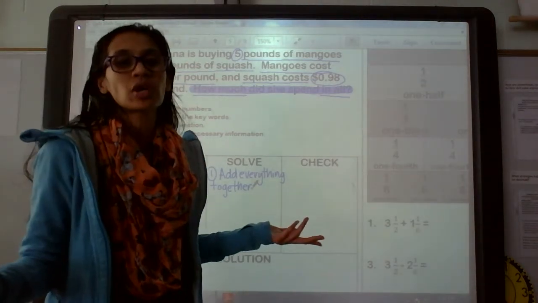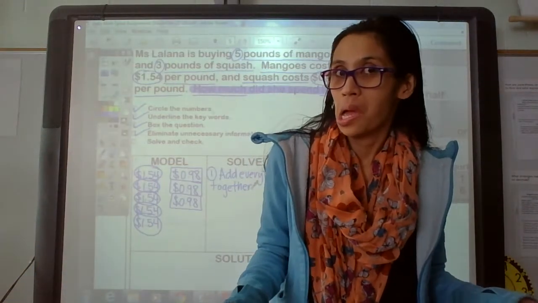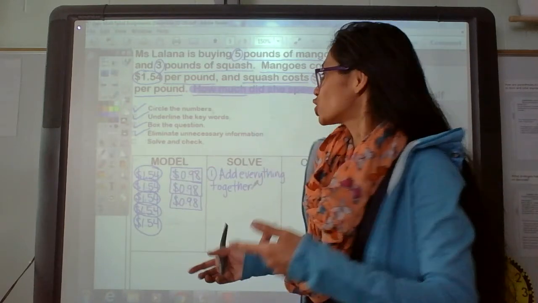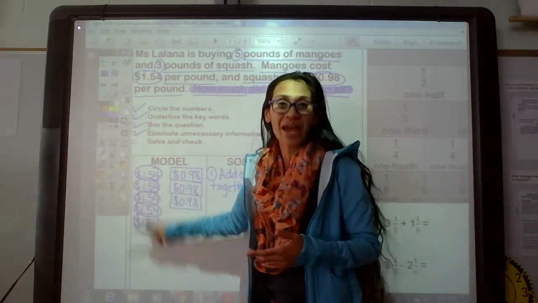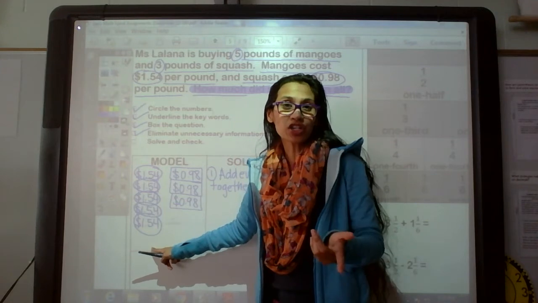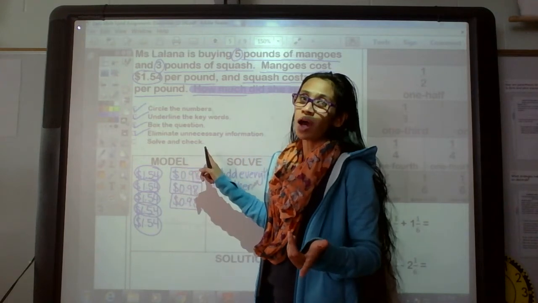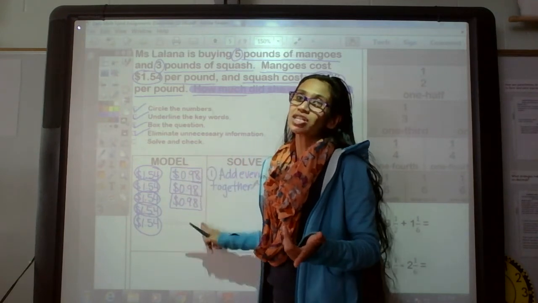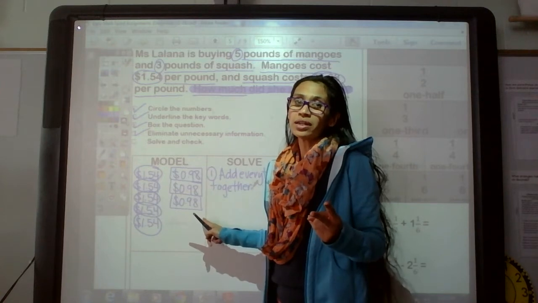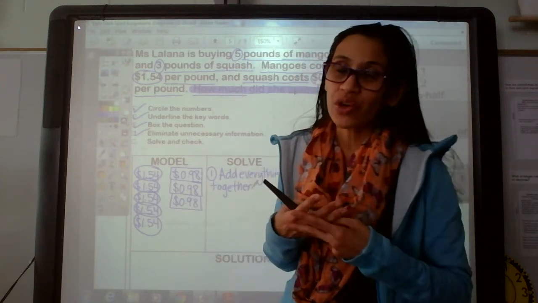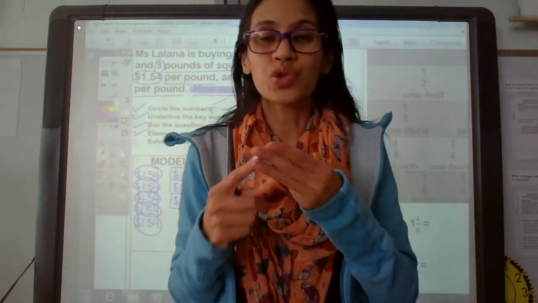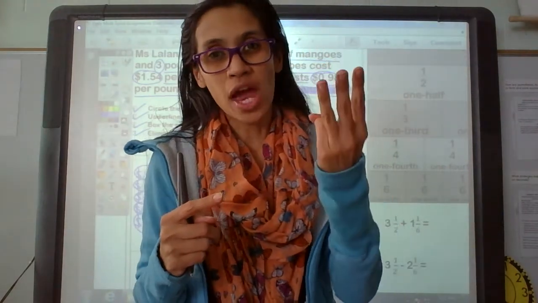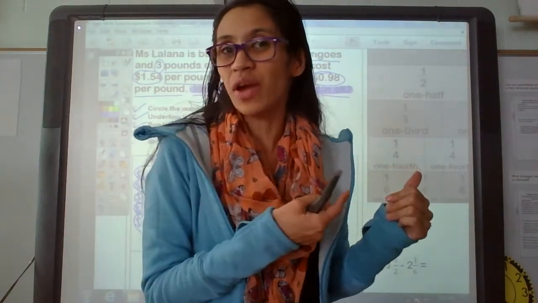What is another strategy? What's another way we could solve this problem? Okay, you can add the cost of the mangoes first, then the cost of the squash second, and then add the totals together. So that is a 3-step way to solve it. So let me write that down.